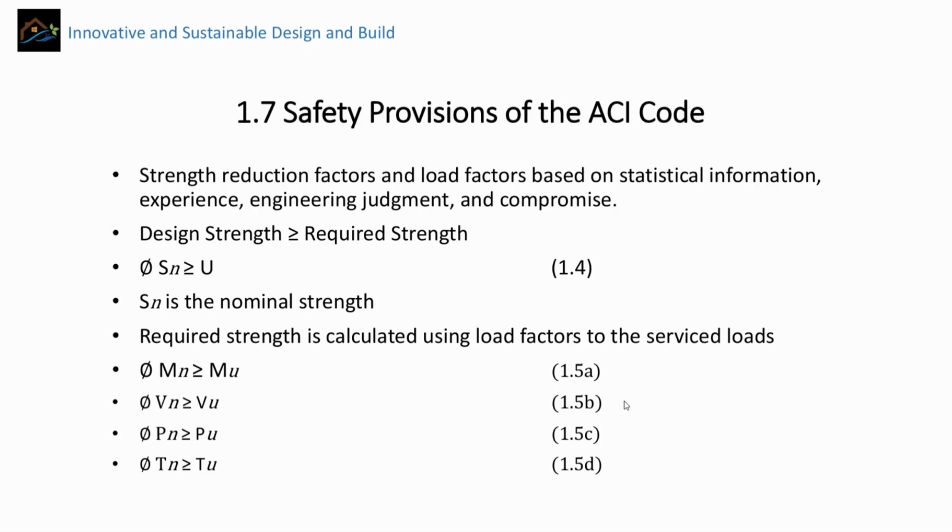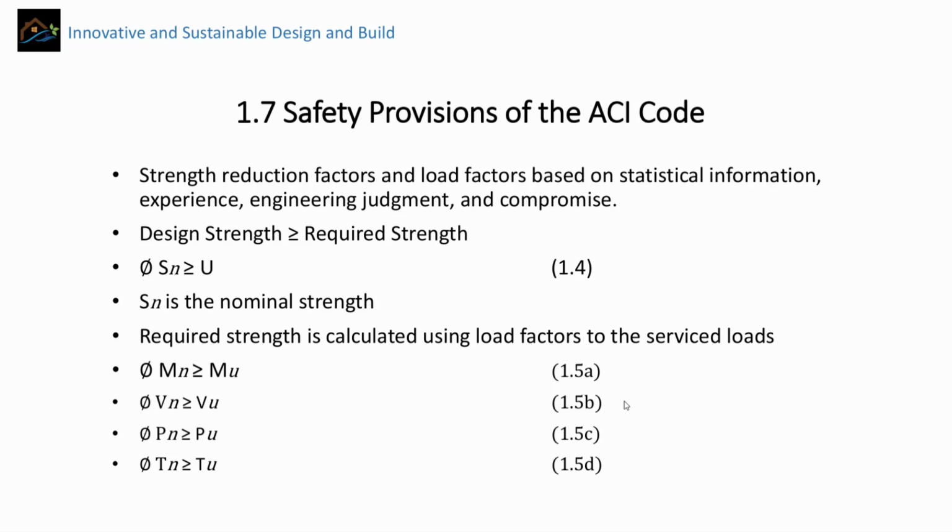So when we come to the specific forces and specific stresses, there are various types. For example, this applies to the moment in a building element, and this design moment should be greater than the required moment in a building.